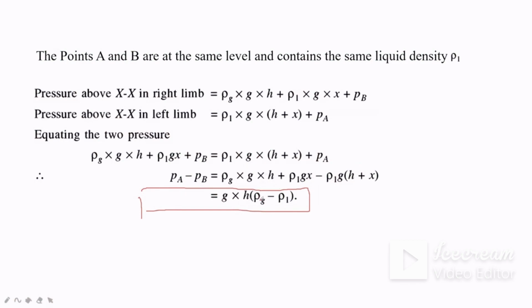So what is this? Rho g means the density of the heavy liquid minus the density of the liquid in both the pipes. Because of the same liquid, they are the same, rho 1. Easy, right? PA minus PB is equal to g rho g h, it will be like that. So where it is rho g h, what should we put in place of rho? Rho g minus rho 1, into gh is common. So pressure is always equal to what? Rho gh.